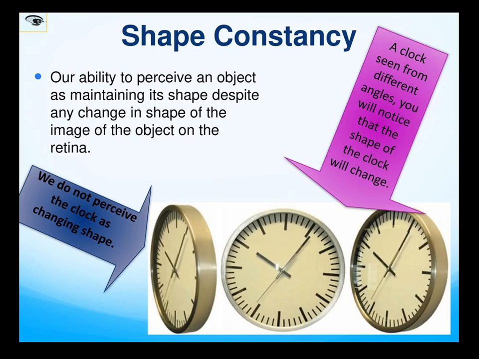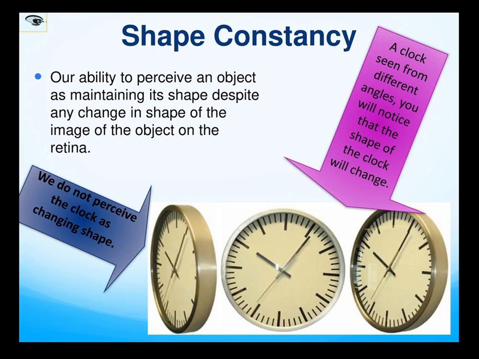The clock's shape will remain the same, even though the image formed on the retina is different each time when viewed at different angles. The perceived shape by the observer continues to remain unchanged, right?